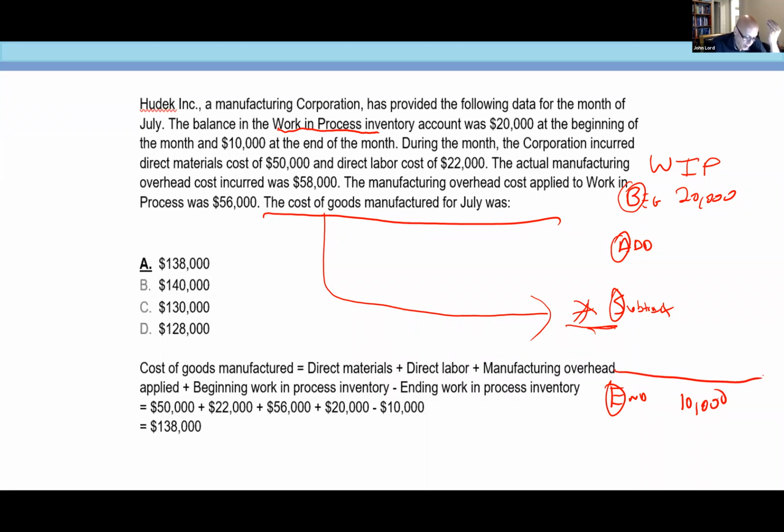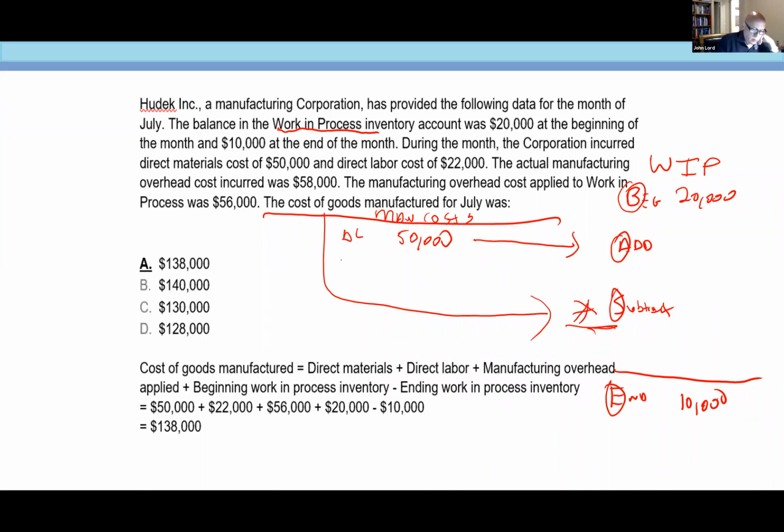Yeah. All right. Then they tell me during the month, the corporation incurred 50,000 of direct labor. Well, thank you, God, because I know that I add what to my work in process? Come on, guys. I've said it a few times now. Manufacturing costs, right? So I've got my manufacturing costs, which are going to be my direct labor.